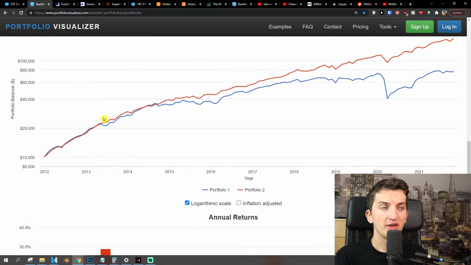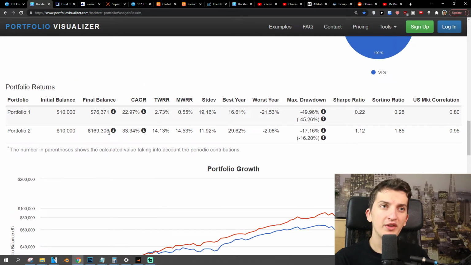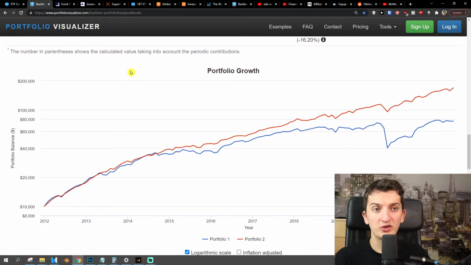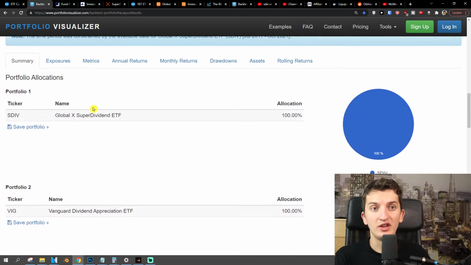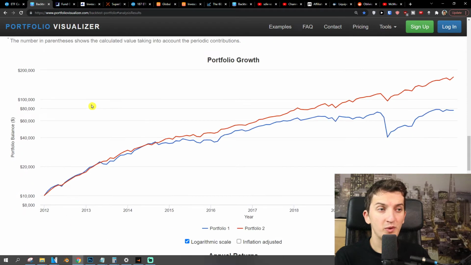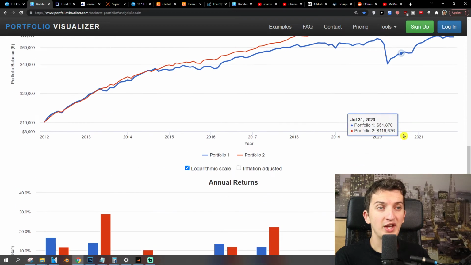And now this is the one thing about SDIV, that you don't have really the growth potential there, that you are focusing primarily on dividends. That yes, the dividends, we will get to it, are really good. But when you look on the growth and when you look on this number, you can even see that the VIG is a really good call to invest to, really good ETF comparing to SDIV.